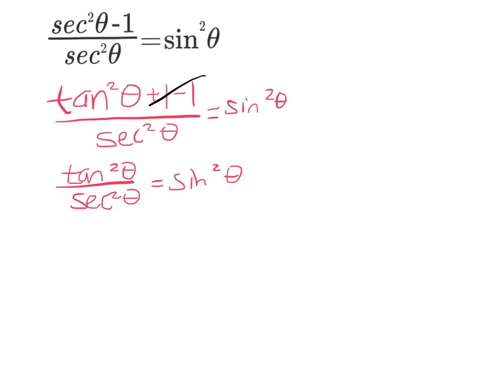Now there are a few different directions we can go from here. I think I'd like to use my quotient identity, though I'd rather use it correctly. Let's try that again. Tangent squared is sine squared over cos squared. And secant squared is 1 over cos squared.